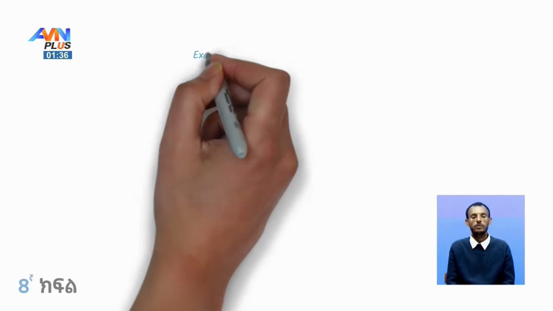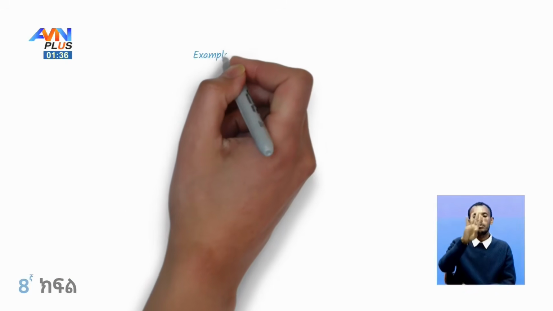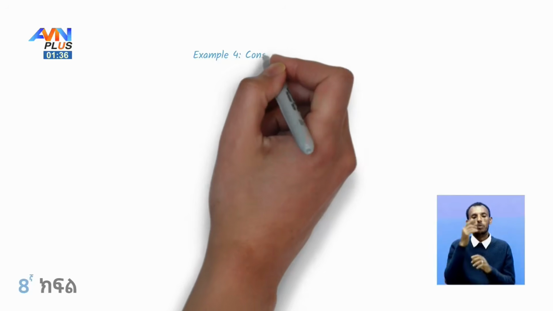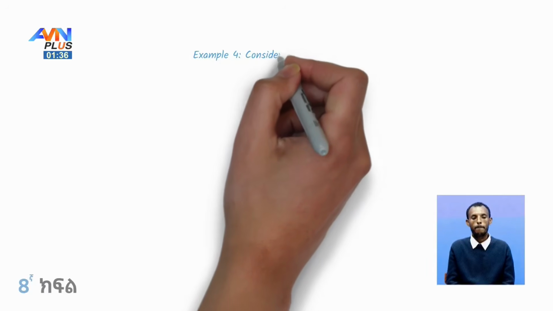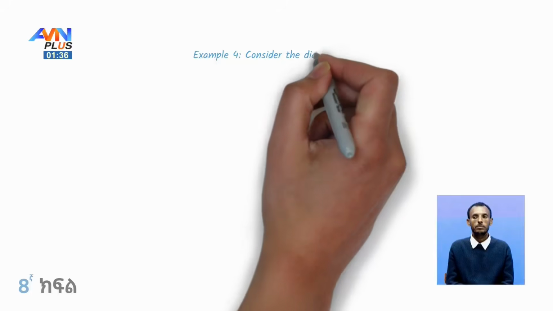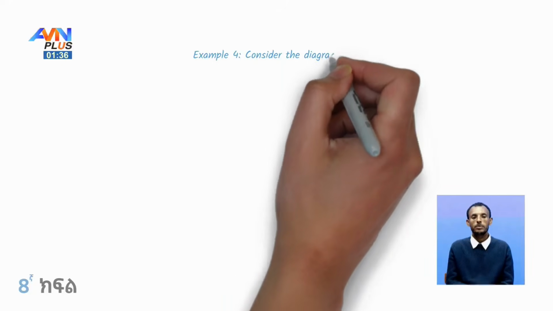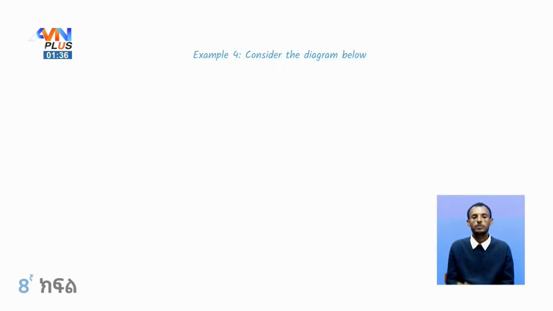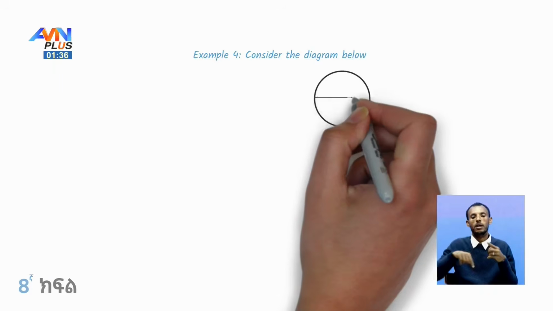So in example 4, consider the diagram below. Here is our diagram. Assume this is our circle.